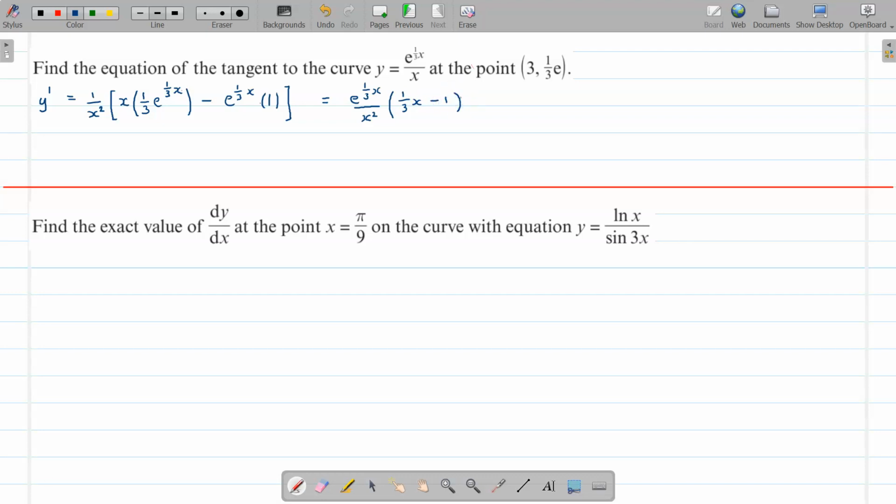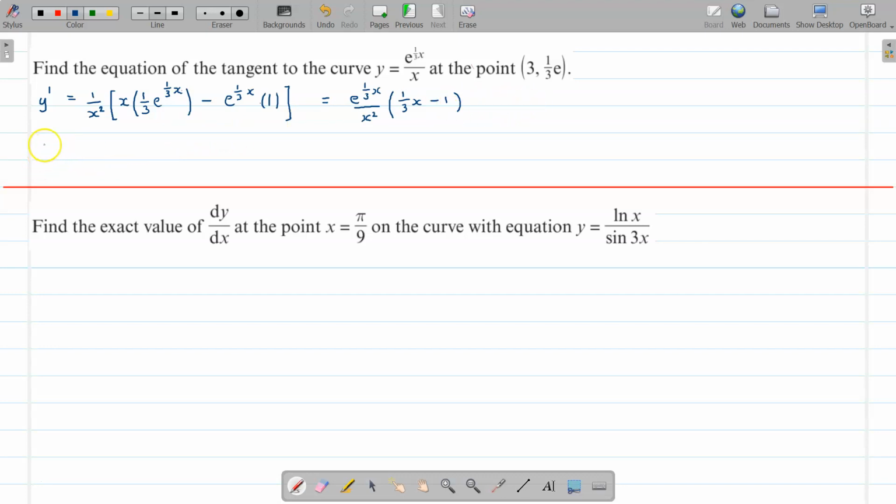Now, it asks me to find an equation for the tangent. So I need to know what the gradient of the tangent is at the point 3, comma, a third e. Well, all I need to do is plug 3 into this equation.